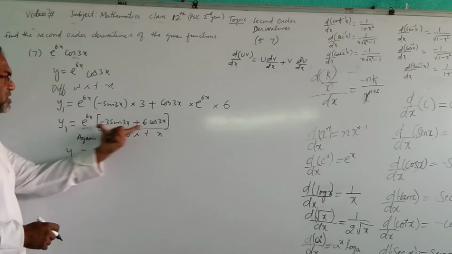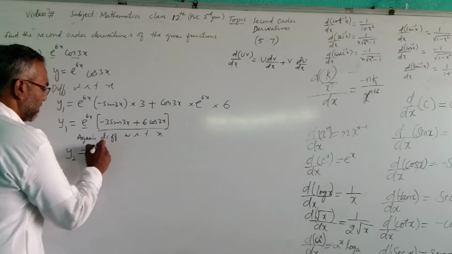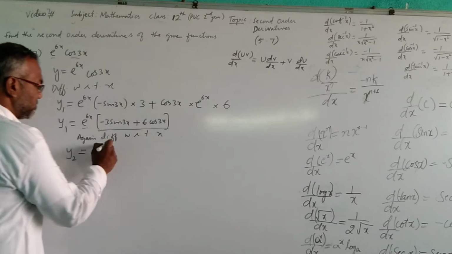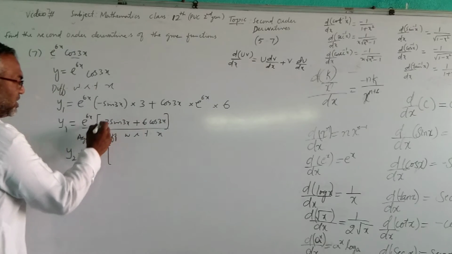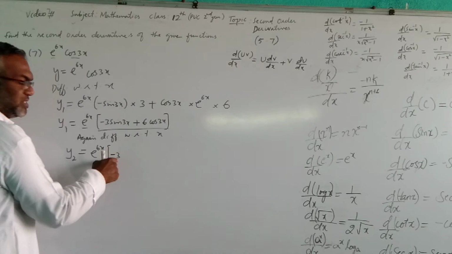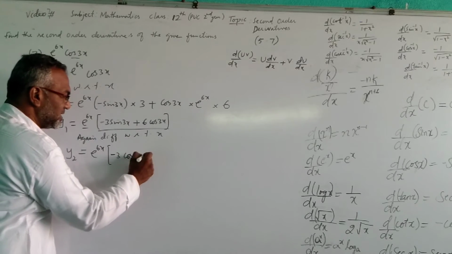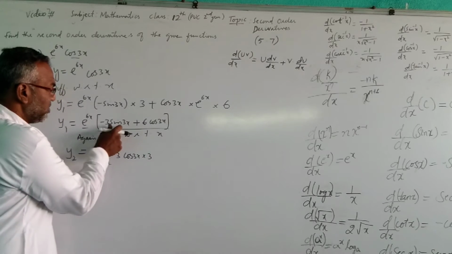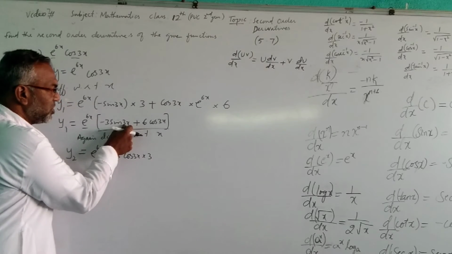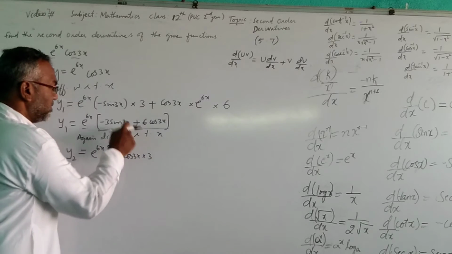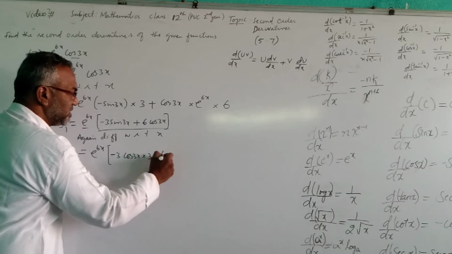uv, first function, second function. First function as it is, u as it is, differentiation of v, this one, right? Minus 3 is constant, kept as it is. Differentiation of sin 3x is cos 3x into 3. Differentiation of sin is cos, and differentiation of 3x is 3. Plus 6 constant as it is.